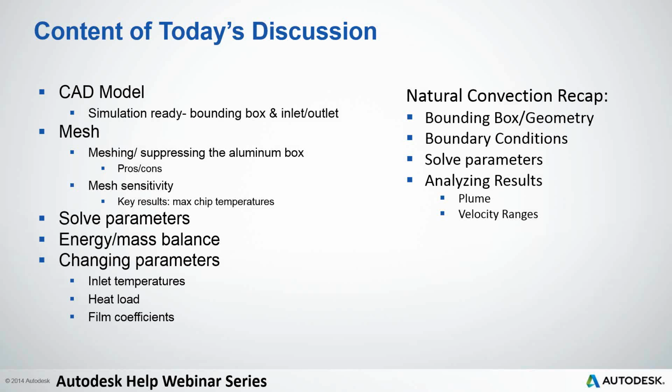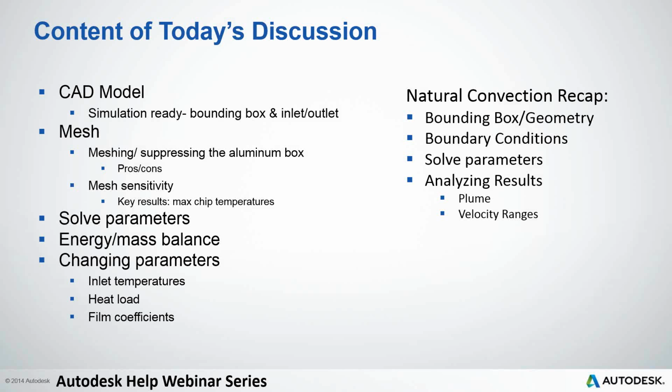All right, so the content of today's discussion. We already had the CAD model that was simulation ready from last webinar. Now, basically, we put a bounding box on it and add an inlet and outlet extension in order to make sure we get good results. We touch on meshing, what you need to mesh, what you don't.